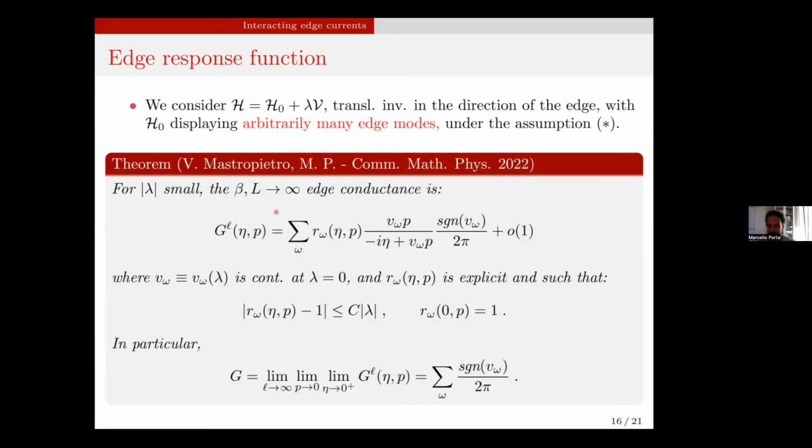The Hall conductivity can be written in the translation invariant setting as a Chern number of a bundle which has as base space the torus of the Brillouin zone, and the fibers are the range of the Fermi projector at a given point k. Oh, I see. By the Chern number, that's what I meant by the index theorem. I see. Yeah, so that's okay. So for the Hall effect, that's how it comes in. Yes.